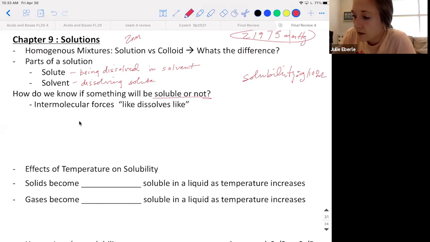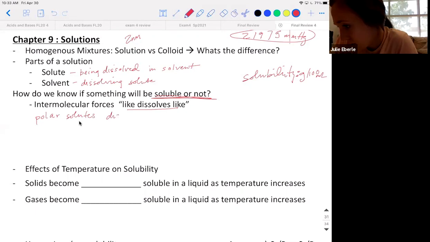But how do we know if something's going to be soluble or not? So that's where we talked about like dissolves like, which all has to do with the type of intermolecular forces between your solute particles and your solvent particles. So polar solutes dissolve in polar solvents.